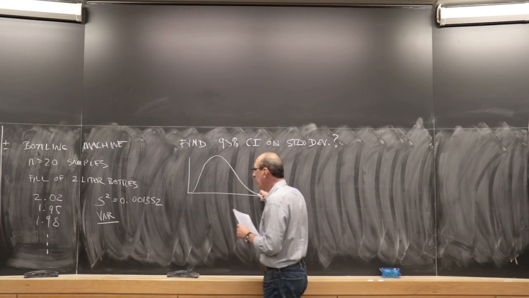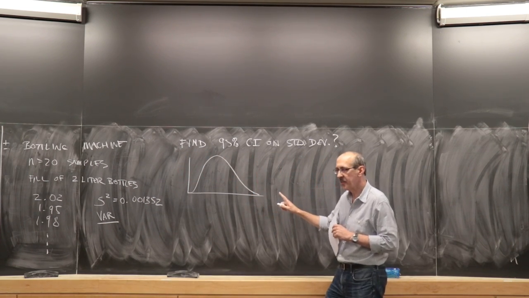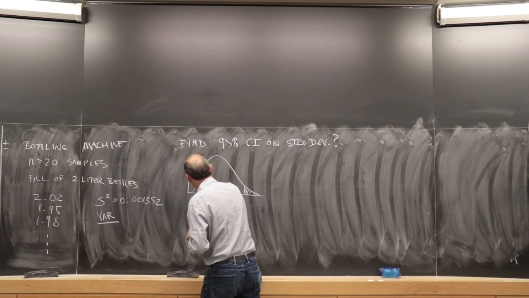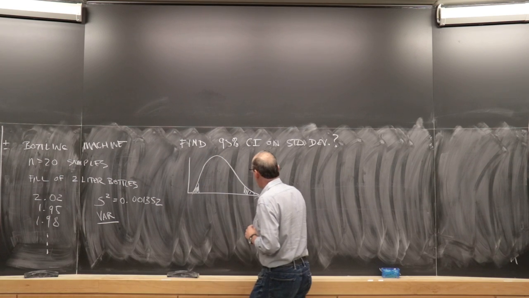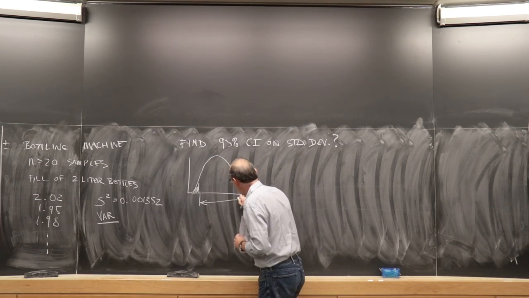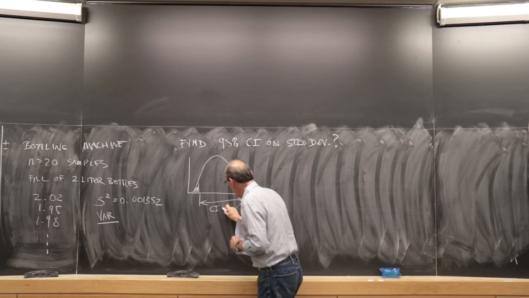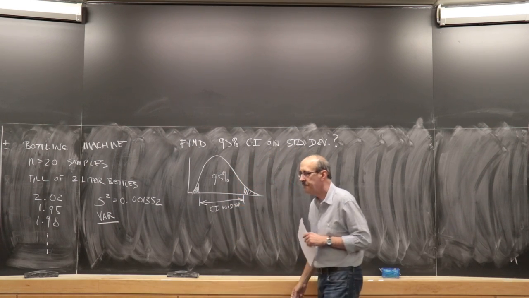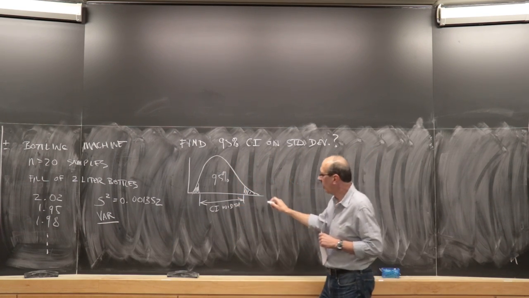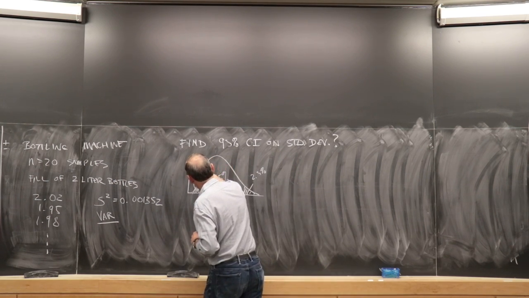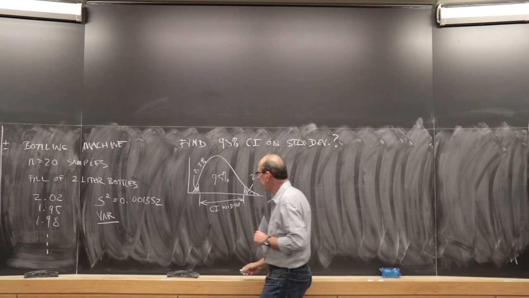You'll notice I'm drawing a sketch of the problem before I start. We're going to have a confidence interval width that looks like this, and this is going to include 95% of the probability. And so I want 2.5% in this tail, and I want 2.5% in that tail.